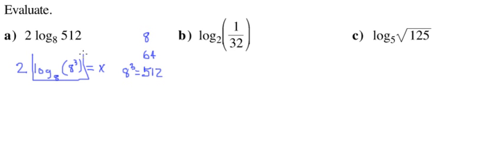This entire thing, in other words, is going to turn out to be 3. We're saying, I've got 8, I want to turn it into 8 to the third. What power must I put it to? Answer, third power. And then we have this 2 multiplying out front, so 2 times 3 gives us 6.